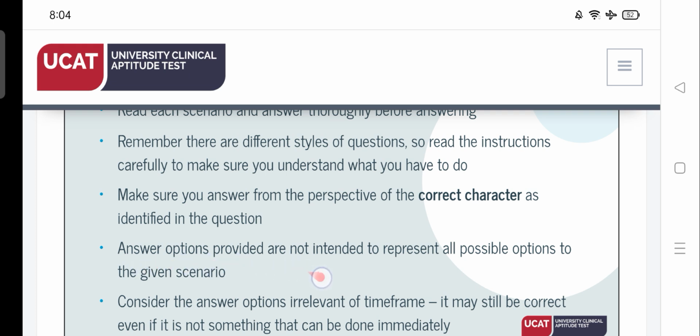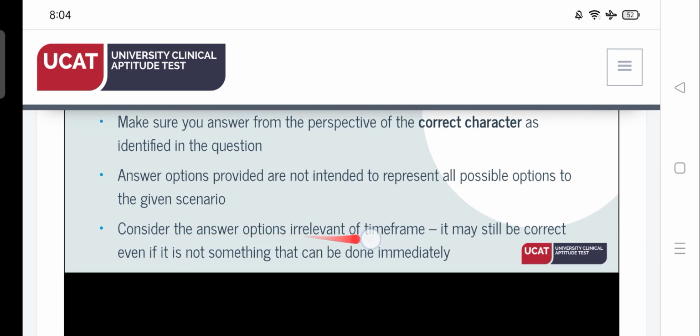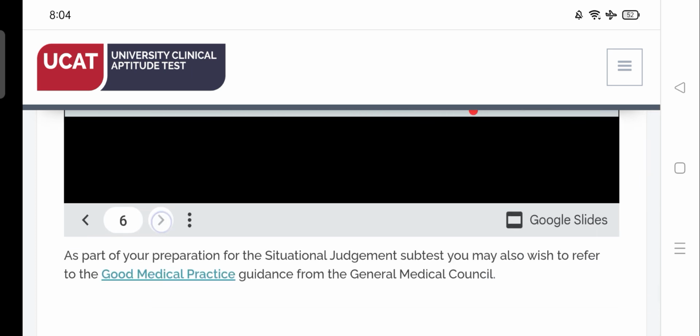Answer options provided are not intended to represent all possible options to the given scenario. Consider the answer options irrelevant of time frame. It may still be correct even if it's not something that can be done immediately.